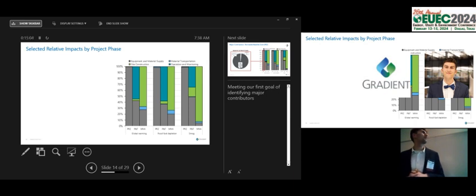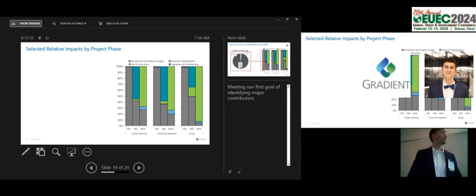So the first goal of performing this was to understand the relative impacts by phase and understand key drivers for each alternative. I have the relative impacts by phase here.